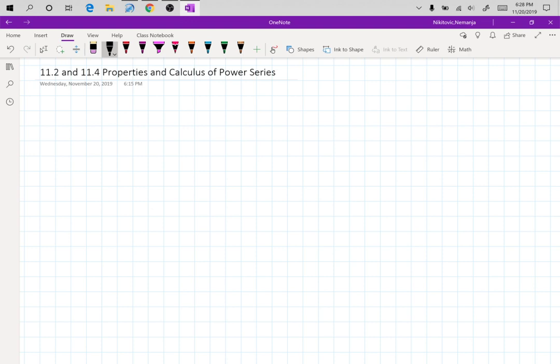Last time, we said that, let's say, e to the x can be written as the power series from 0 to infinity of, anyone remembers?